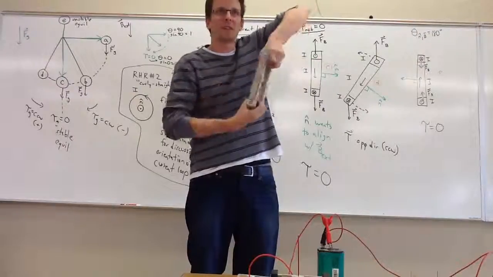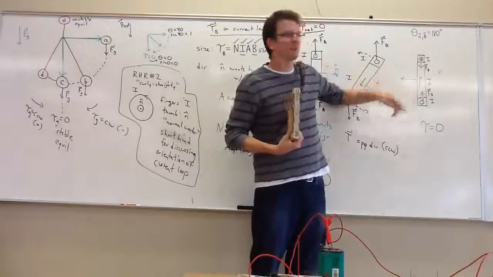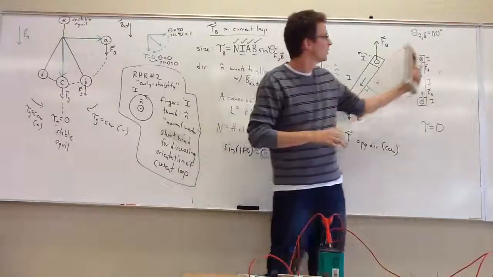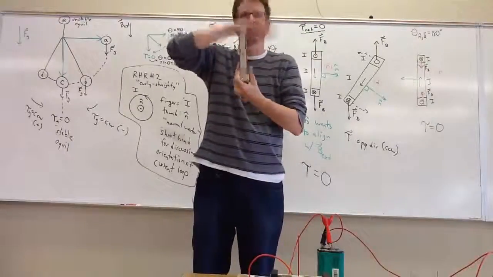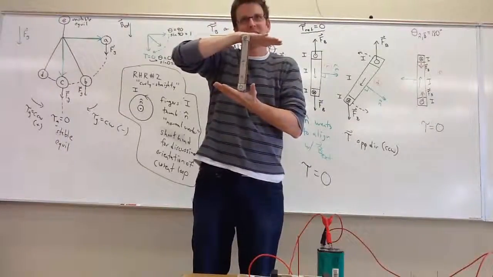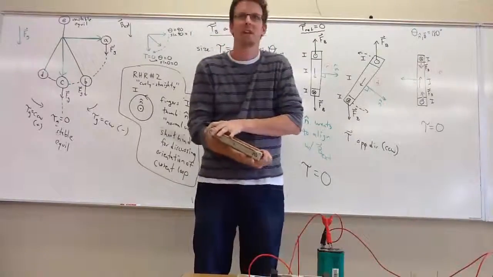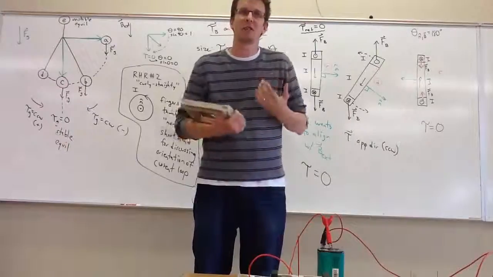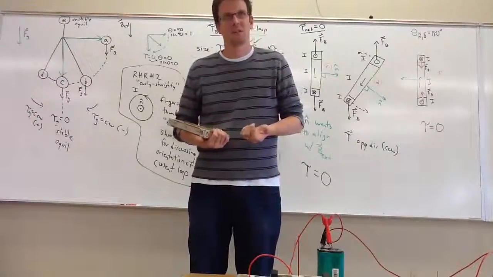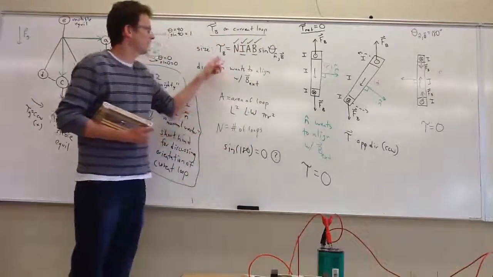You take it off a little bit, they'll pull it back. Let's take a look at this one though. It looks like this, and the forces are inward. What happens when the forces are inward? Yes, it stays at zero torque, but what happens if it slightly moves? Right? So it's not going to come back. So the analogy to the pendulum is perfect. There are two zeros, two places of zero torque.